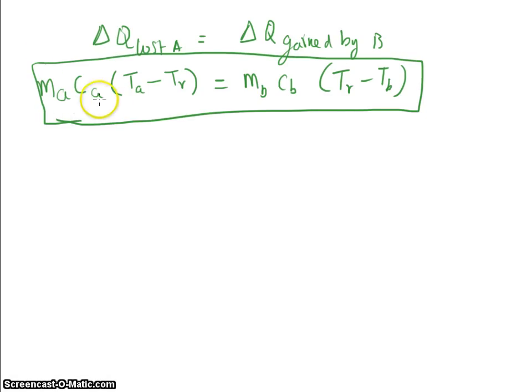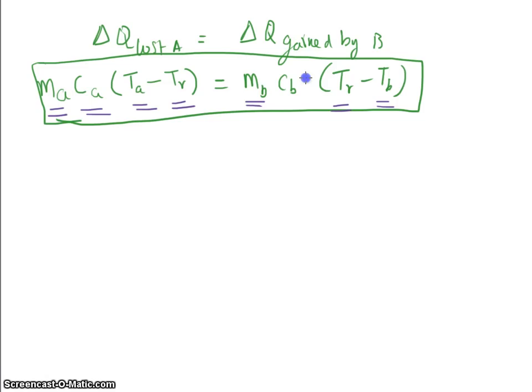And with this equation, let's assume that you obviously know Ma and Mb. Let's assume that you know Ca, and because you measure Ta and T result, you know T result and Tb.